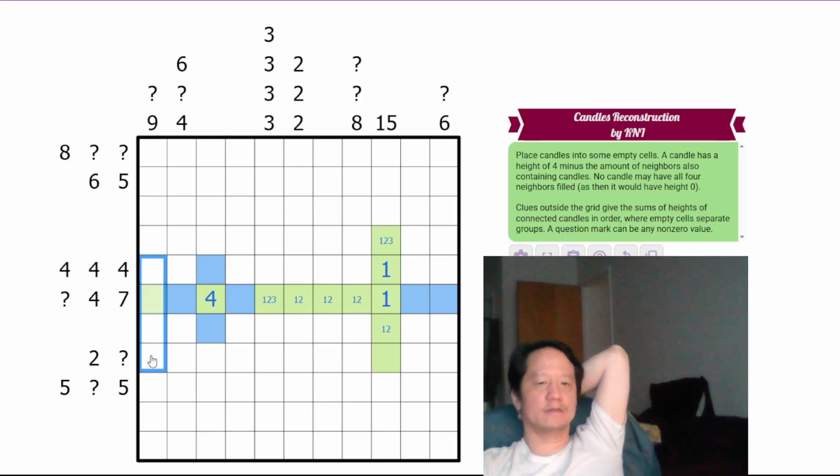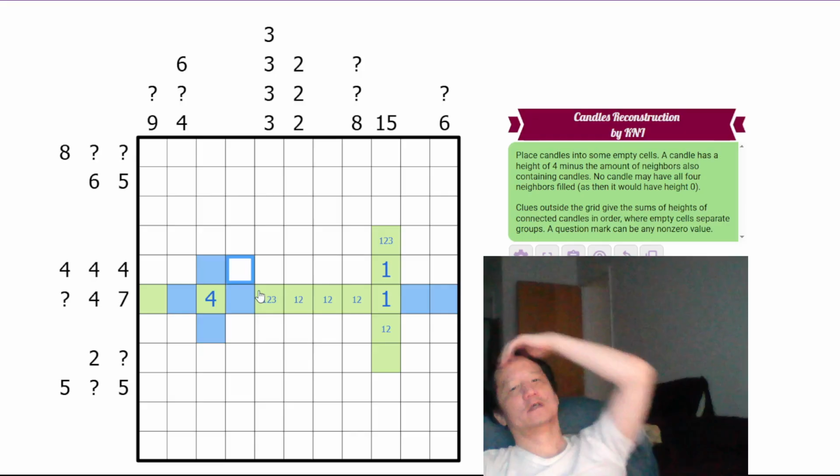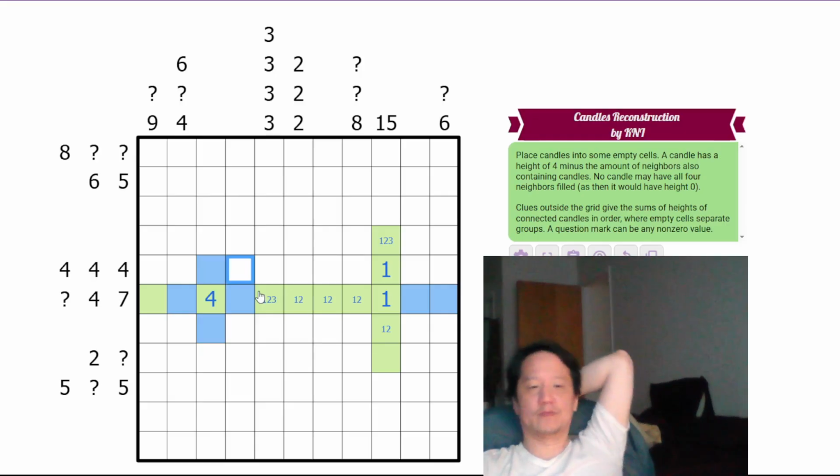The 9... at least 2 in size, I should say. 4 could be here. And then you could have 4 there. So this could be 4 and 4. Unlikely, but it's possible, right?